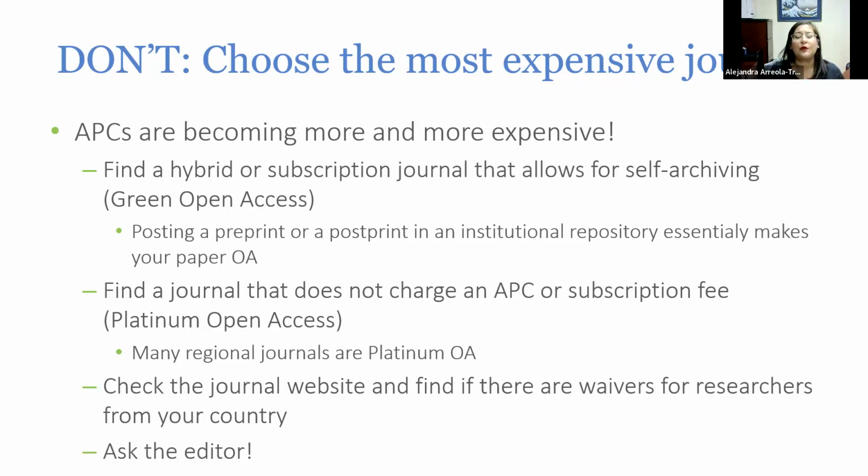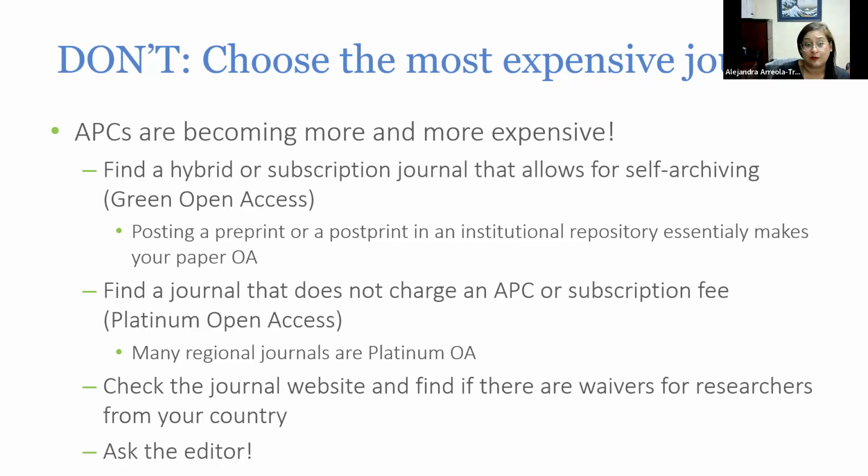If the journal will allow you to post a preprint or a postprint on your personal website or in an institutional repository or in Medline Plus or wherever, this essentially makes your paper open access, because Google Scholar will be able to see if the paper is open access somewhere. On Paywall, a little add-on to your Chrome browser, will find open access versions of the paper if they exist. So that's one option: finding a subscription journal and archiving a preprint or a postprint in an institutional repository.